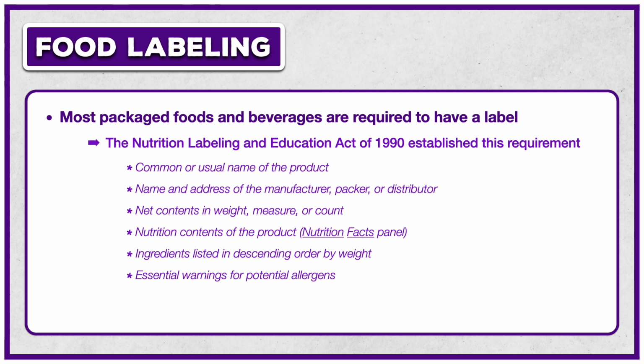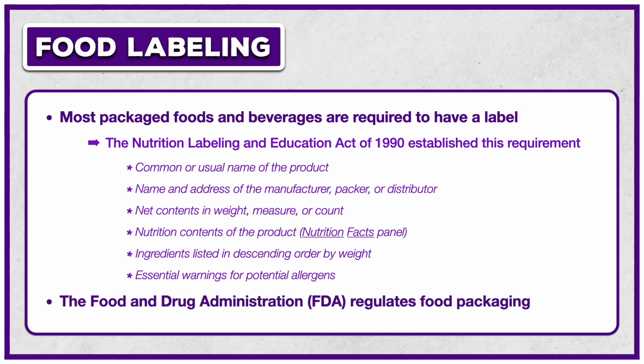Under this act, specific items that must appear on the label include the common or usual name of the product, the name and address of the manufacturer, packer, or distributor, the net contents in weight, measure, or count, the nutrition contents of the product, which is found on the Standardized Nutrition Facts panel, ingredients listed in descending order by weight, and essential warnings for potential allergens.